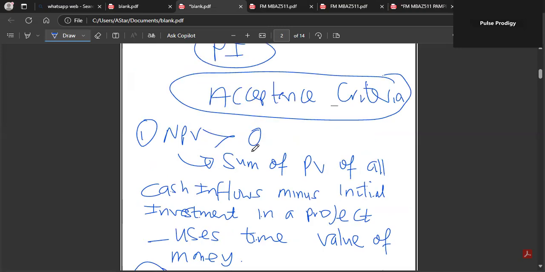So these are the theories to do with NPV, and this is one of the common methods that we use in project evaluation technique.